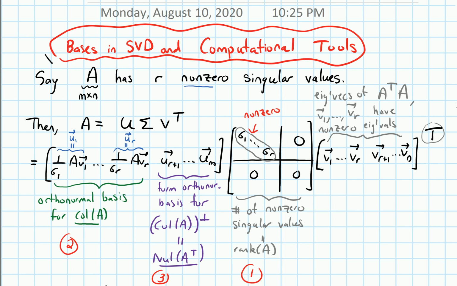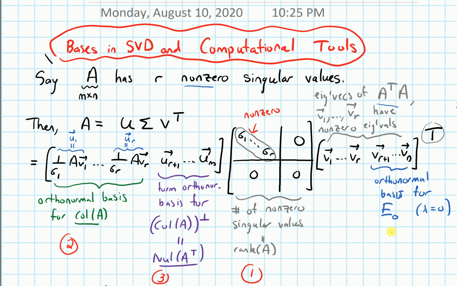That means the last n minus r vectors, starting with vr plus 1 up until vn, all correspond to the eigenvalue 0. So they form an orthonormal basis for the eigenspace corresponding to the eigenvalue 0, E naught, for lambda equals 0 for the matrix A transpose times A.